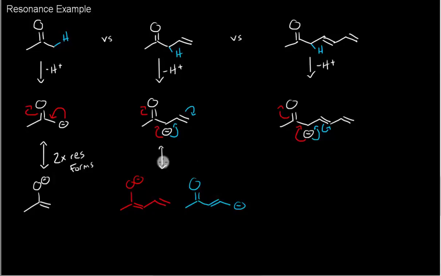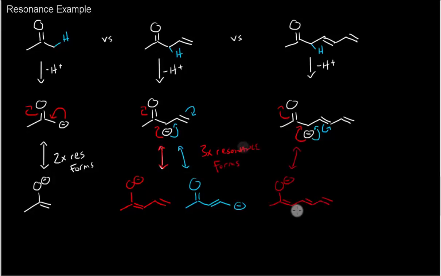We can draw two different resonance arrows, one for the red and one for the blue. If we count the total number of resonance forms, in this case we have 3 resonance forms. So this would be the red resonance form, and then we could draw a blue resonance form right here.